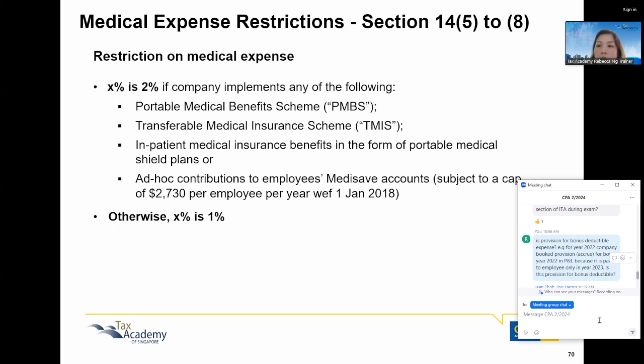If this bonus is a contractual bonus, maybe a 13-month bonus, payable in the following salary payment, then yes, this accrued bonus is deductible in the year 2022. If it is not contractual and is discretionary, you only know that at the end of the following year, then this amount will be deductible only in the following year.